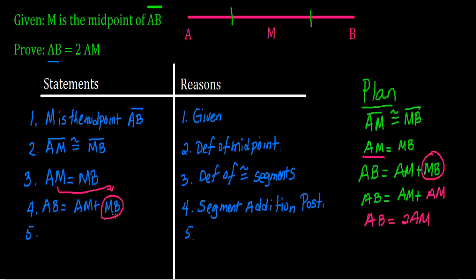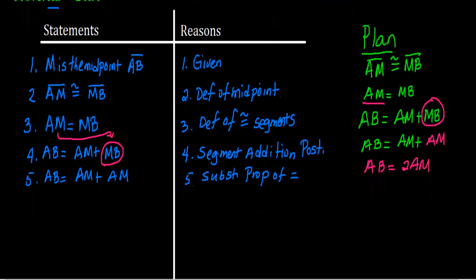So if they're equal, I can rewrite statement number 5 and say that AB, let me change colors, AB is equal to AM plus, and instead of writing MB, I'm going to write AM. And I can do that by the substitution property of equality. There you go.